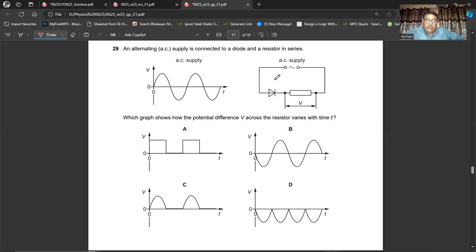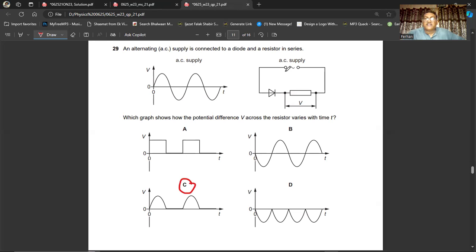So in one half cycle there will be voltage here, and in the other half cycle there will be no voltage. So the graph for the voltage across the resistor would be either this or this. Now, I think it's choice C. Why?